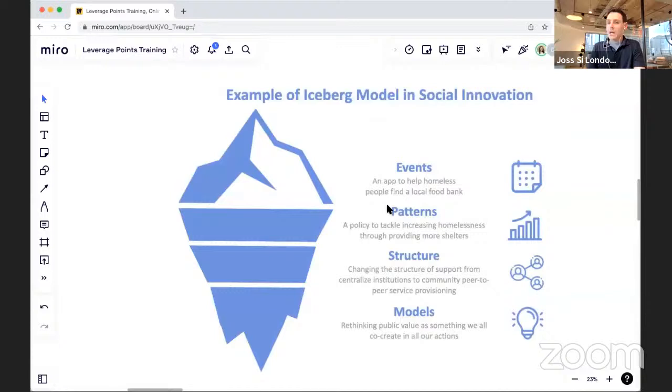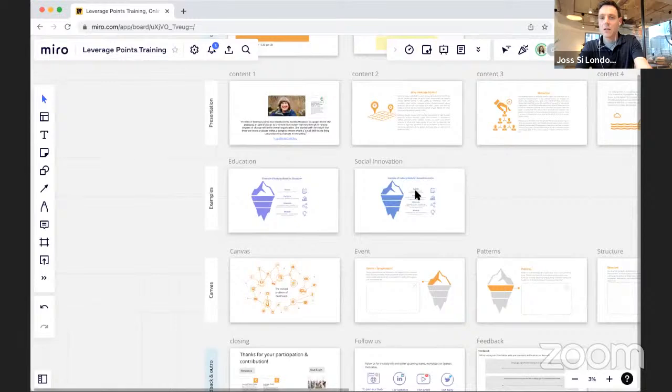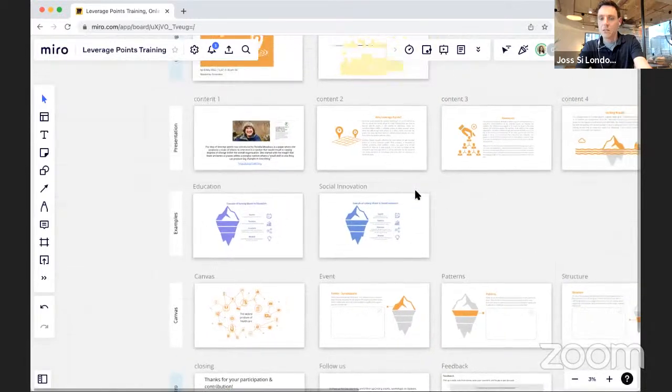Down the bottom, mental models: rethinking public value as something we all co-create in our society, and all taking responsibility for, with the whole model for service provisioning changing. So those are quick examples of the iceberg model and the levels at which we might intervene in a complex system with a wicked problem.